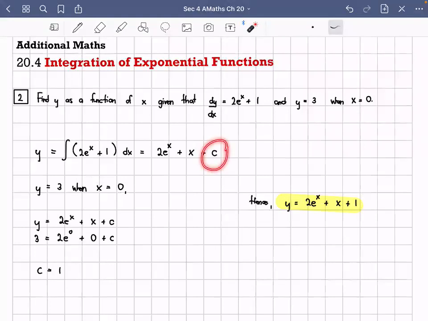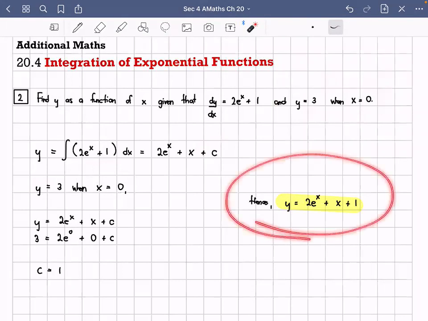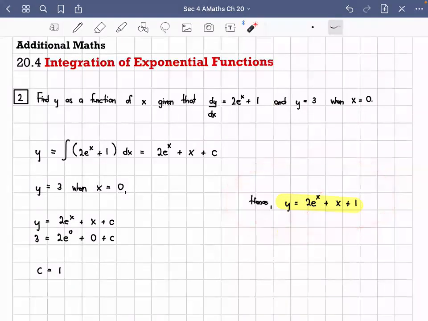We cannot have a c here. We're given y is 3 when x is 0, so we just plug this into your equation. You'll get c is equal to 1. Therefore, this is your final answer: y is equal to 2e raised to x plus x plus 1.